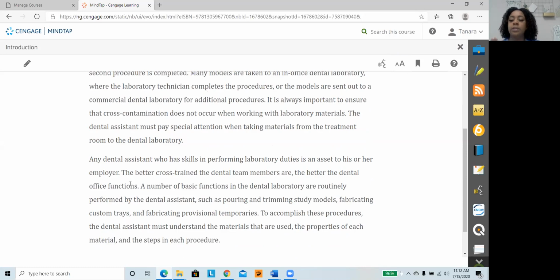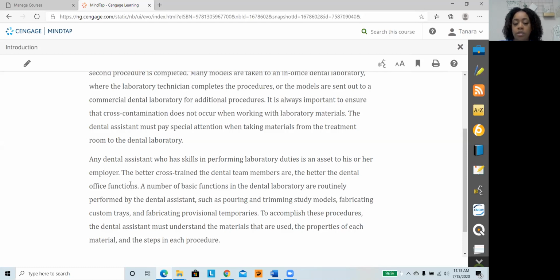So if everybody has an understanding of what is to be expected, then there shouldn't be any reason for miscommunication, dealing with cross-contamination, mixing patients' impressions. It just makes it flow better.